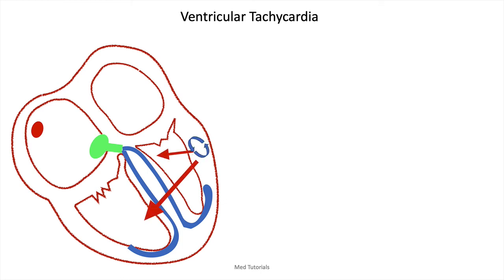You can have a re-entry circuit in this damaged myocardium in the ventricle, and they start generating impulses which go out at a fast rate. So the ventricles are the focus of impulse generation. Till now, whatever we saw was above the level of the ventricles. Here, the ventricles become the focus of impulse generation.